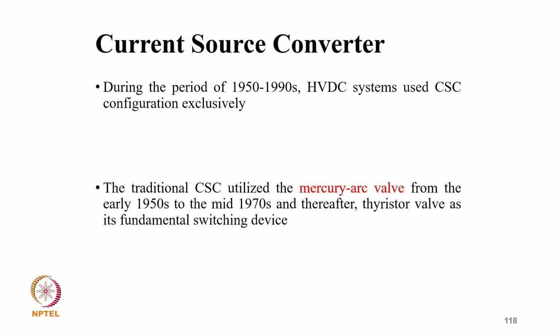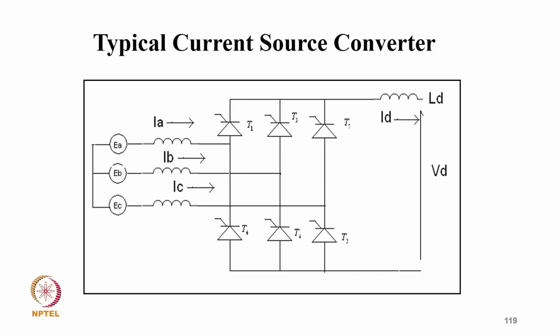For the current source converter, during the period from 1950 to 1990, HVDC systems used the current source converter configuration exclusively. The traditional current source converter utilized the mercury arc valve from the early 1950s to the mid 1970s, and thereafter the thyristor valve as its fundamental switching device. This is a typical current source converter with thyristor devices: on the DC side you have an inductor to make it a current source, and on the AC side you have a three-phase supply voltage with source impedance.